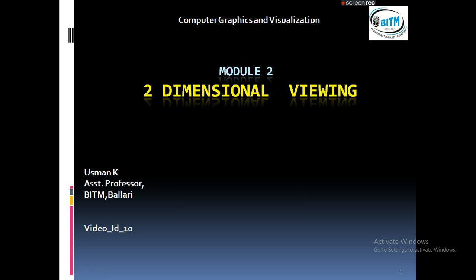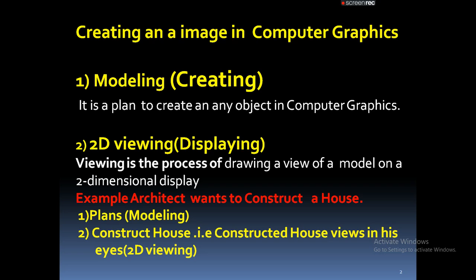So we'll see how this two-dimensional viewing concept is introduced in this module. So after creating an object, next we want to display the created object on the screen of the monitor. So here there are two main concepts with respect to this particular module.